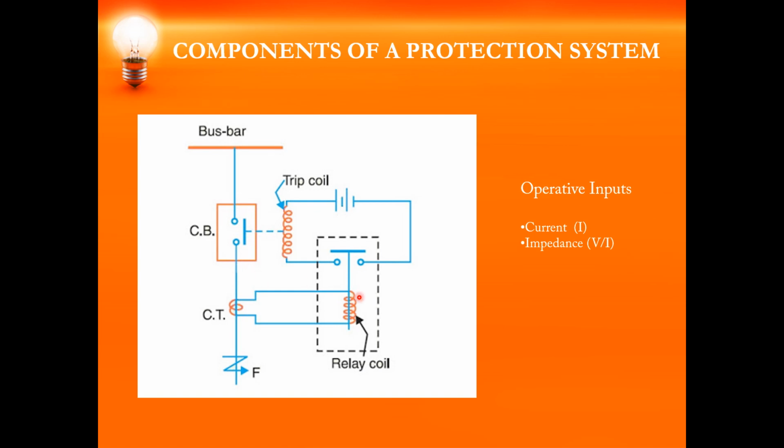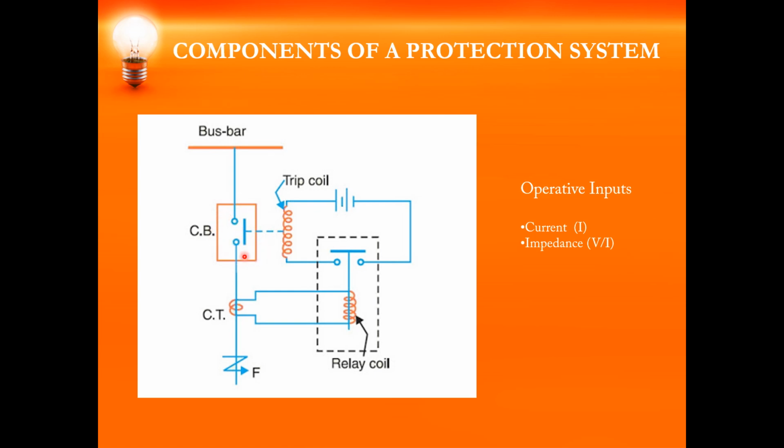I repeat, under normal working conditions, the relay contacts are usually open and the circuit breaker contacts should be closed. So how does this work?